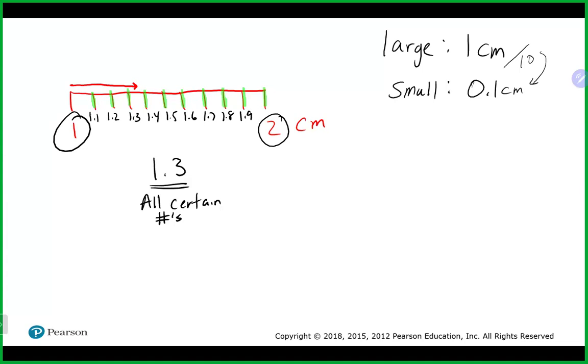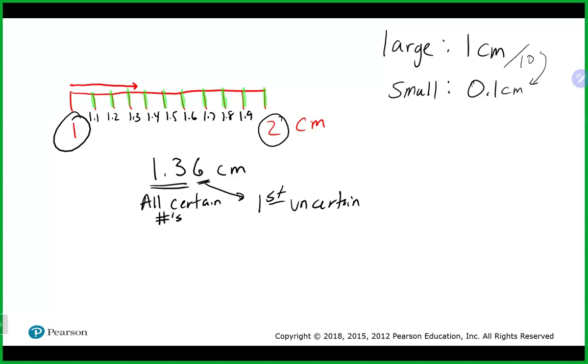So hypothetically, if I think the tip is just a hair past the half mark, maybe it's a 6, and I would also record my units, centimeters. This is what is referred to as the first uncertain number. I'm not sure exactly what it is, but I think it's in that ballpark. When you take a measurement, you should always record all the certain numbers plus the very first uncertain number, and that is how you take a proper measurement.